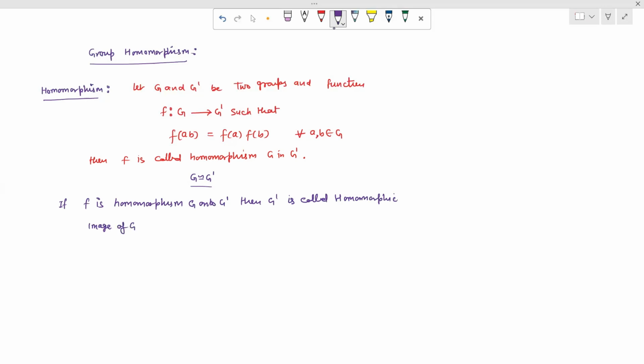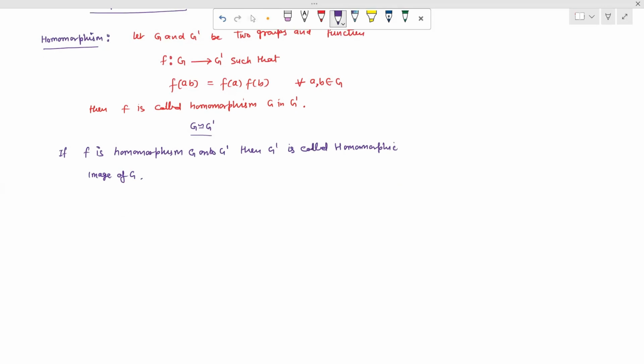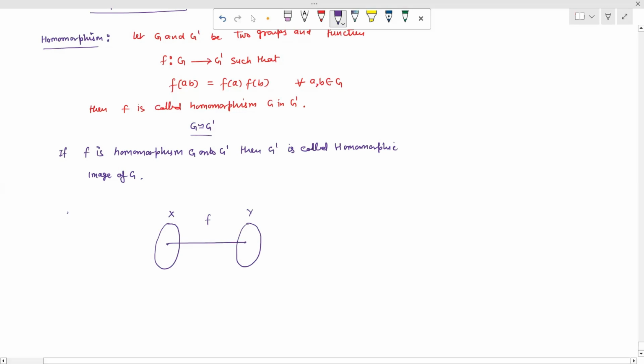Before we start the examples, we understand the function. For defining a function, we have two sets, X and Y. X is the domain and Y is the codomain. A mapping f from X to Y: the element of X we denote as small x, and the element of Y as small y.